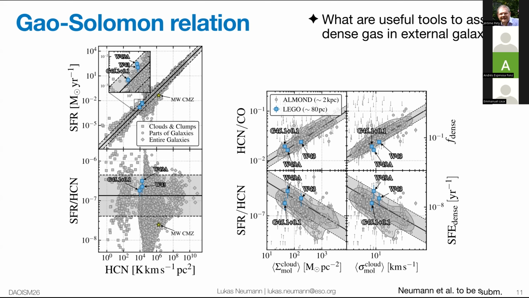And B is that these regions seem to be relatively normal or even under average in terms of their surface density and star formation compared to what we usually have extragalactically. So even though we pick the most extreme regions in the Milky Way here, at least outside of the center, we still have quite average regions compared to what we usually have extragalactically.